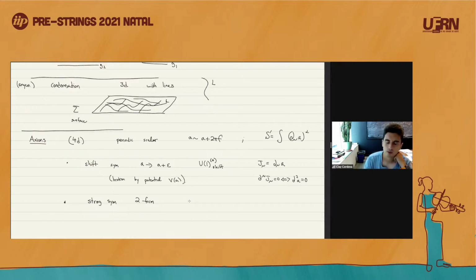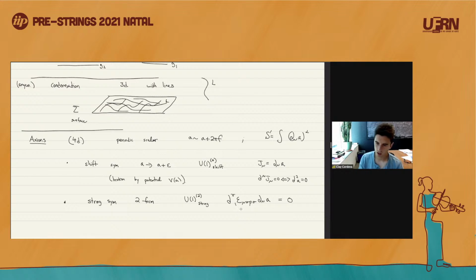Now, the other symmetry is a 2-form symmetry, U(1)^(2). I'll call it string. And this exists because ∂_μ A epsilon^{μνρσ} ∂_ν equals 0.